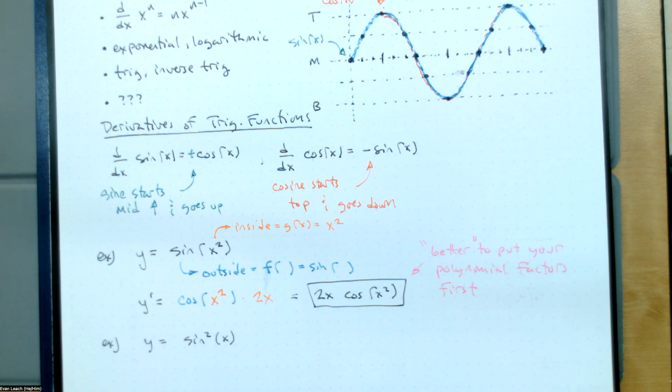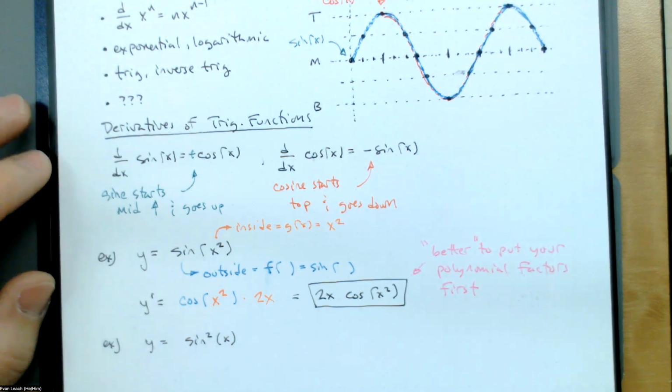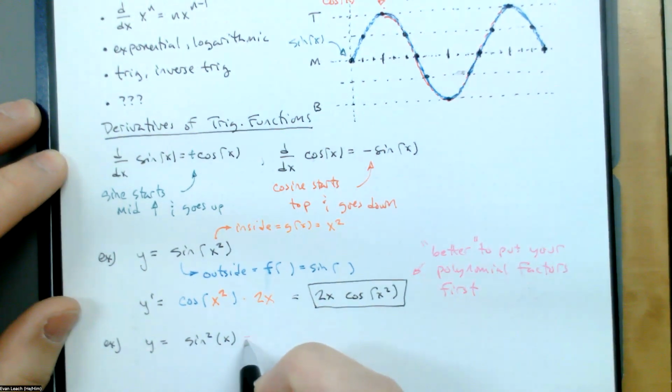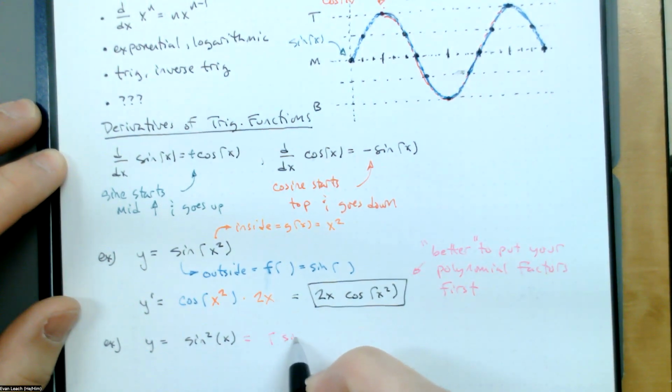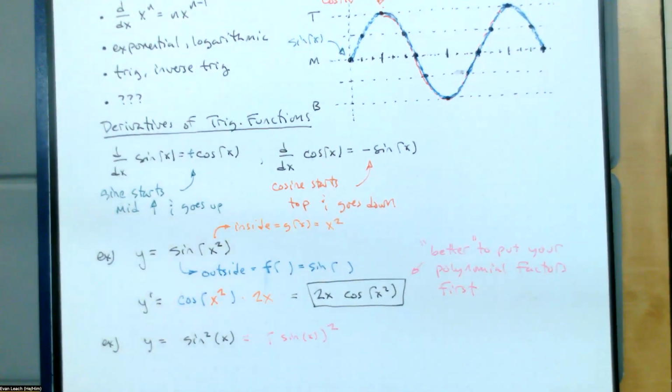Remember when we write sine squared of x, we mean the square of the sine of x. So by this, we mean sine of x, squared. When we read inside and outside on this function, inside is sine, outside is square.